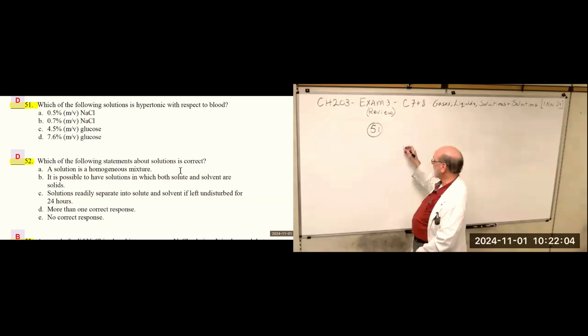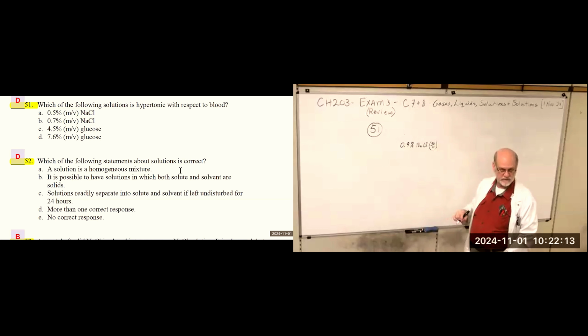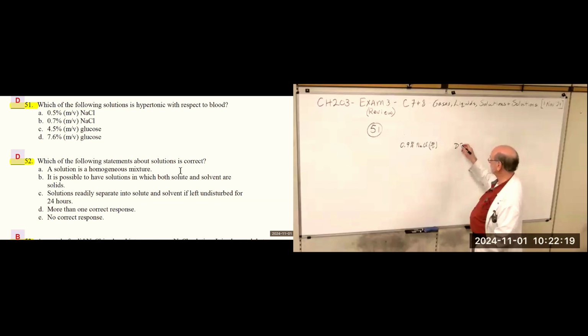Sodium chloride is isotonic at 0.9% mass volume. How about glucose, remember, D5W, which is dextrose, 5% weight volume.